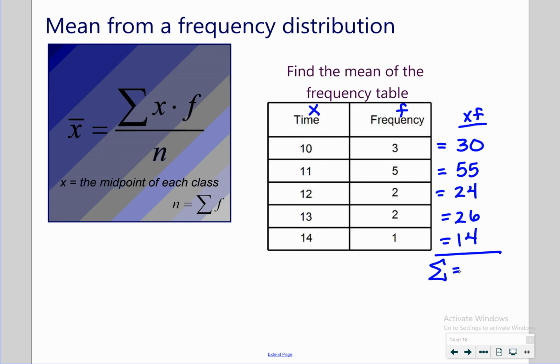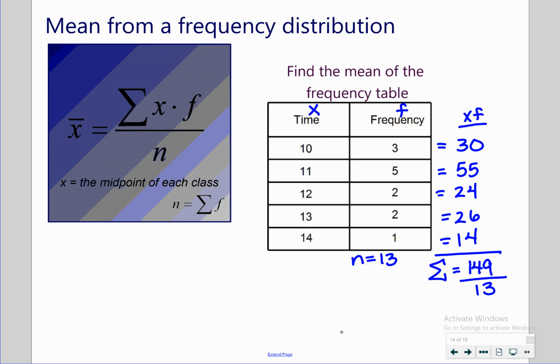So 30 plus 55 plus 24 plus 26 plus 14, I get 149. Divided by the sum of all of the frequencies is your n. We've practiced that already in our previous lessons. So if I add up the frequencies, 3, 5, 2, 2, 1, I get 13.